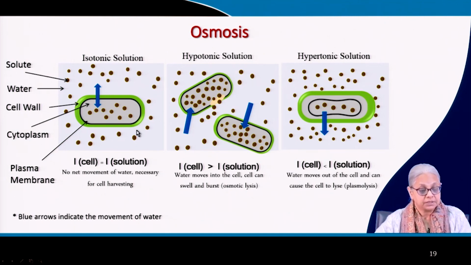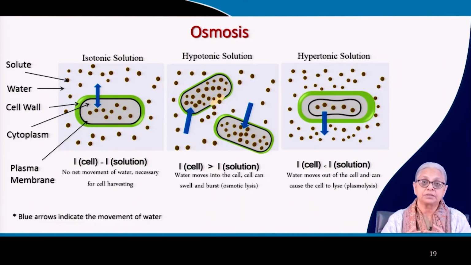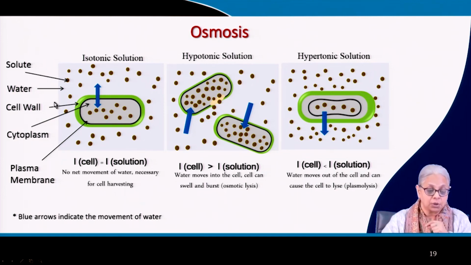So here we have our cell, and I can tell you from experience again that when you're harvesting cells, you need to make sure that you harvest and transfer them to a media that is at the same ionic strength. So here, I stands for ionic strength. Ionic strength inside the cell should be equal to the ionic strength of the solution. If they are not equal, a little bit here and there is okay, but if they are not actually equal, what will happen is you will get the other two situations.